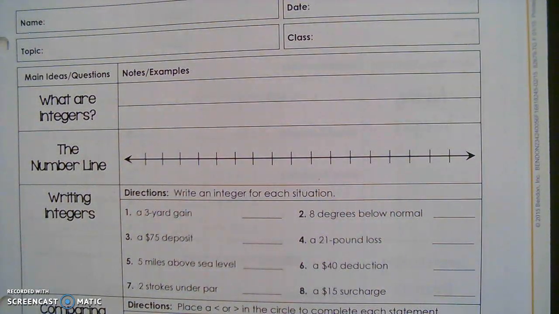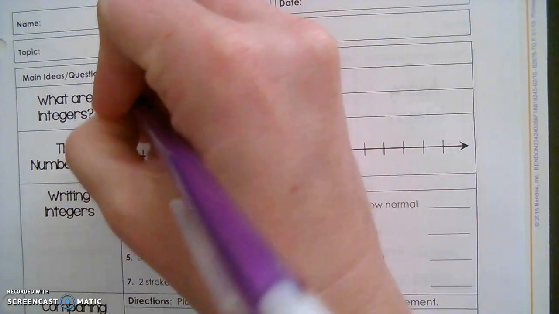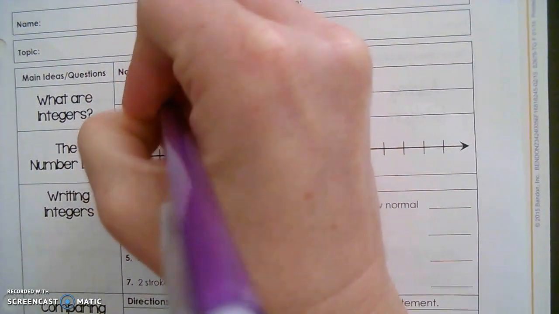First, we're going to learn about just integers. Integers are numbers that we're used to using. They are positive and negative counting numbers.